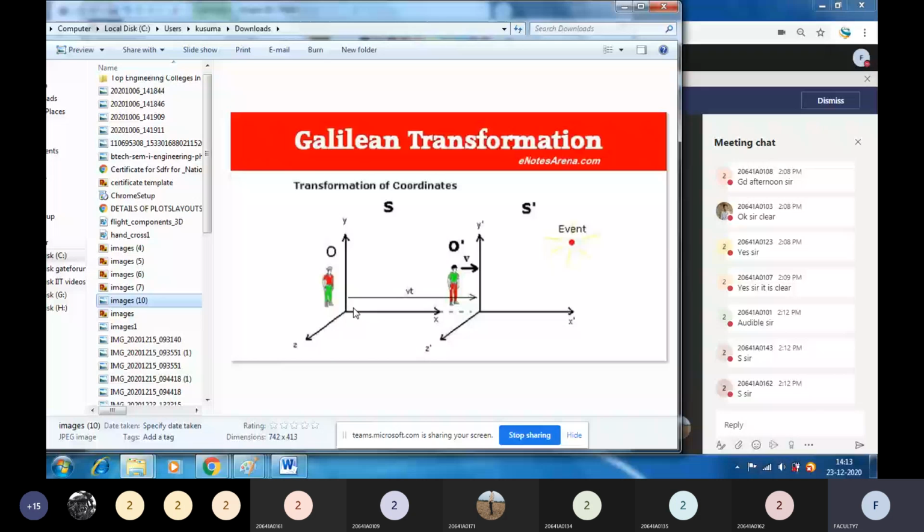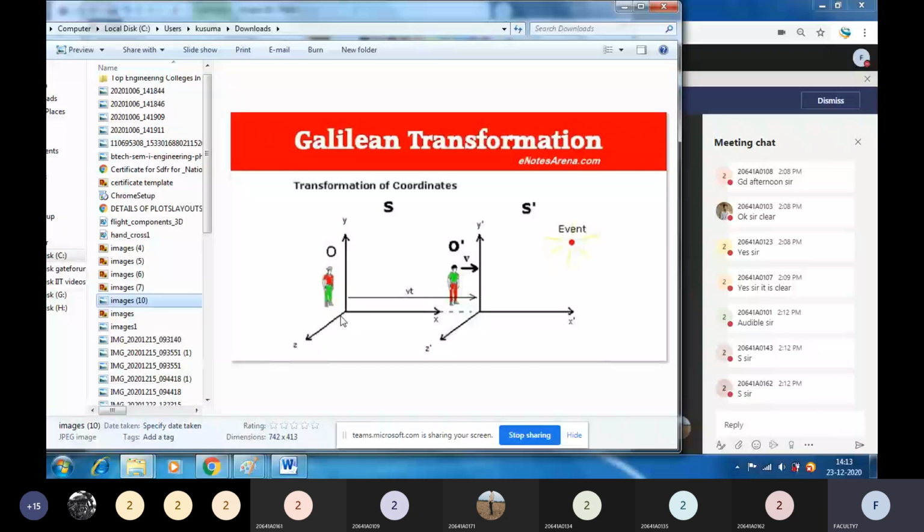So initially both the frames will be at the same origin. At that particular time, t value will be considered as 0. So at t equal to 0, both the frames are concentrating on the same origin.